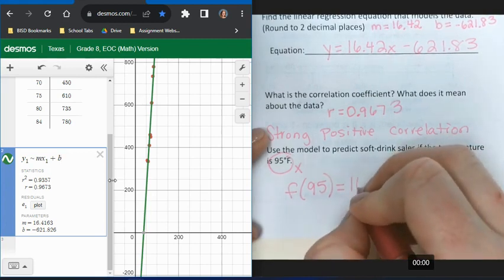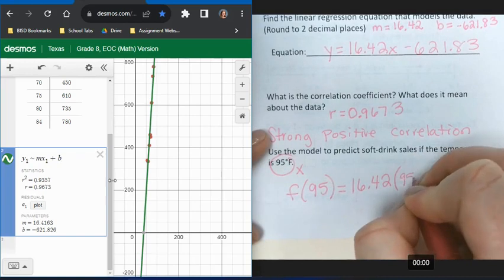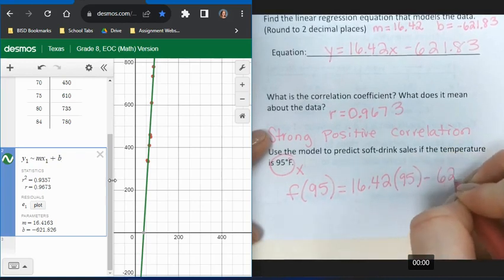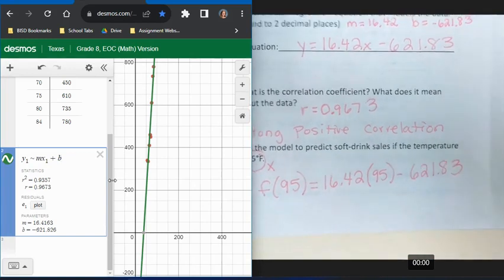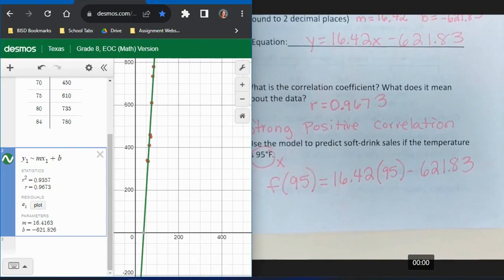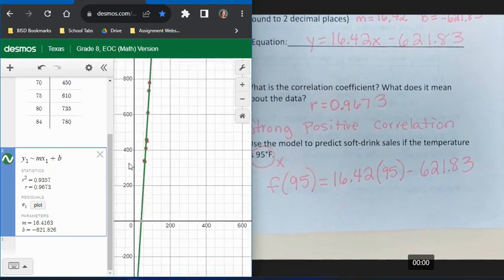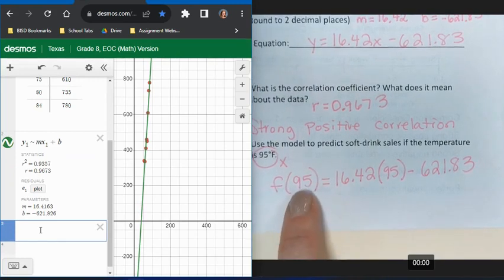So let's put what we're going to put in the calculator or in the Desmos. F of 95 means X is 95.